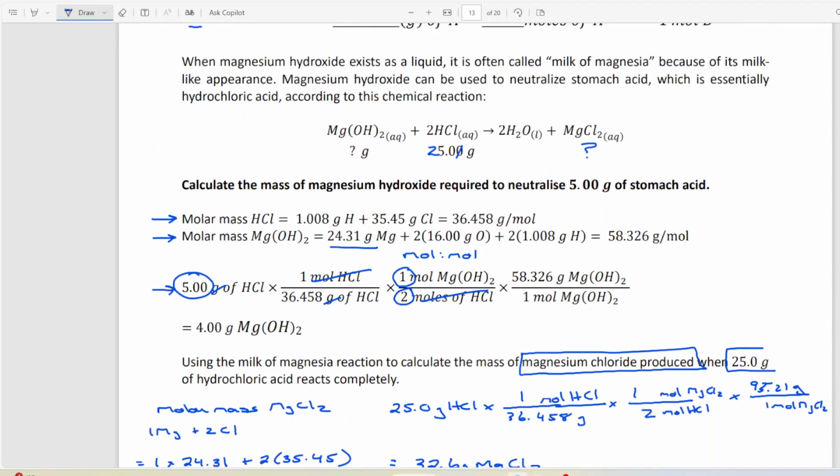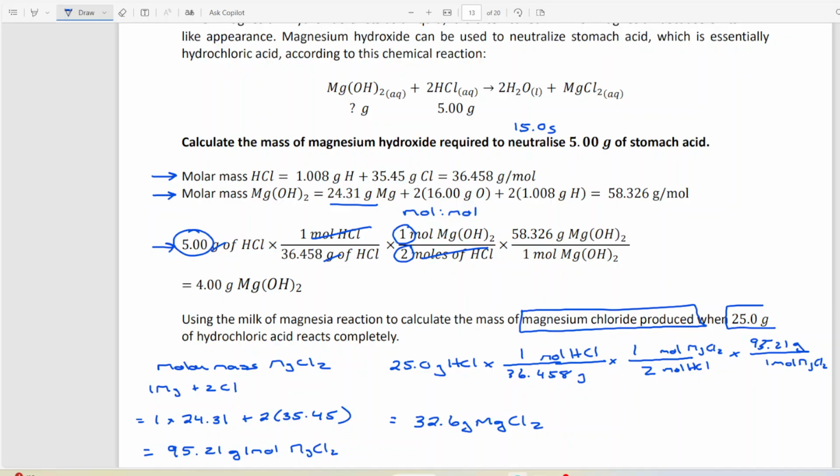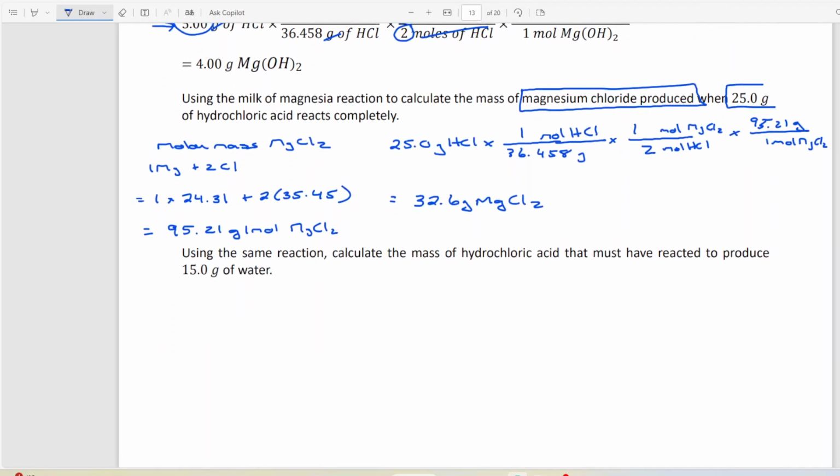So this time we're starting again. And this time I know that 15 grams of water was produced, and I want to know how many grams of hydrochloric acid that would require. So let's set this up. First thing we need to know is the molar mass of water. Water is 2 hydrogens and 1 oxygen.